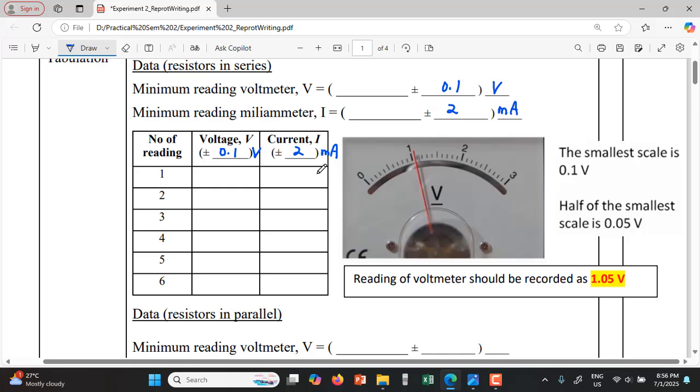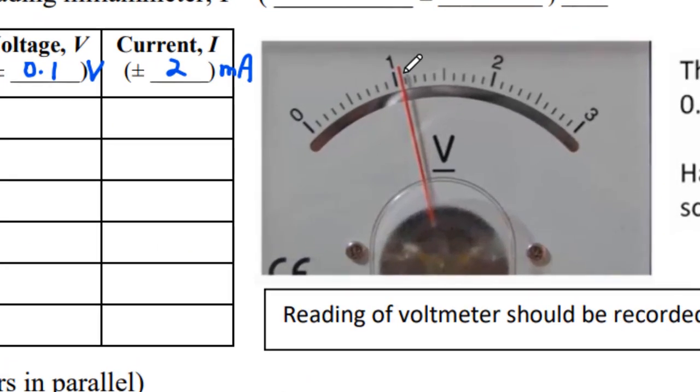Anyhow, class, sometimes you will find out that the pointer of your voltmeter or ammeter used lies in between two scales. Okay, dia berada di tengah-tengah antara dua skala bacaan kita. So, it will be a more good practice kalau kita boleh consider sampai separuh daripada skala terkecil.